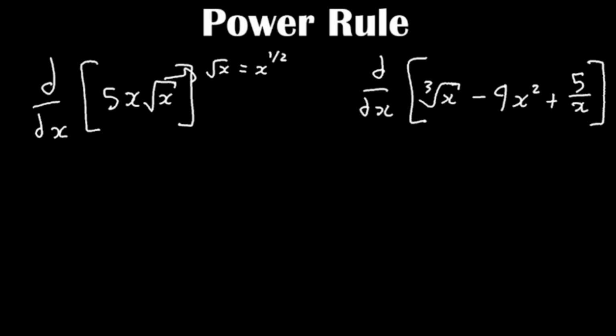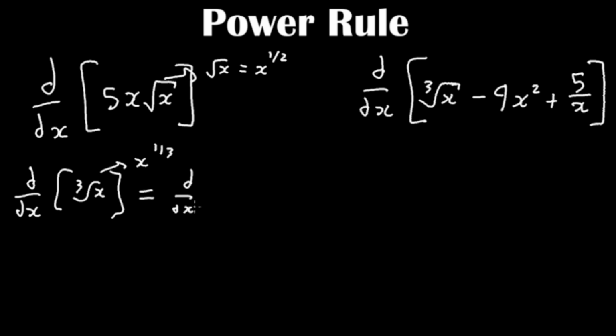So, first, let's just go in order. Derivative of cube root x. Cube root of x is the same thing as x to the 1/3. So this is the derivative of x to the 1/3. Now, you should remember, you bring down the power, so 1/3 times x, and then 1/3 minus 1, that's negative 2/3.